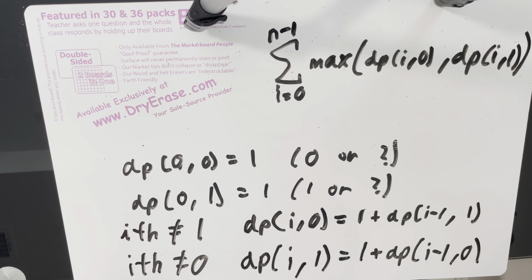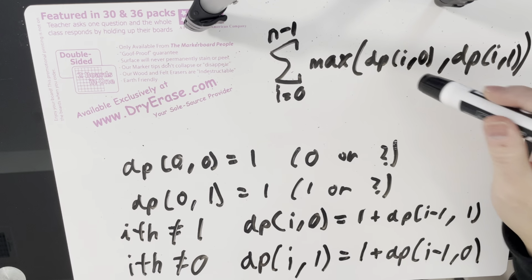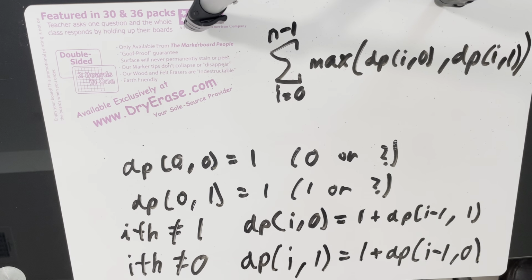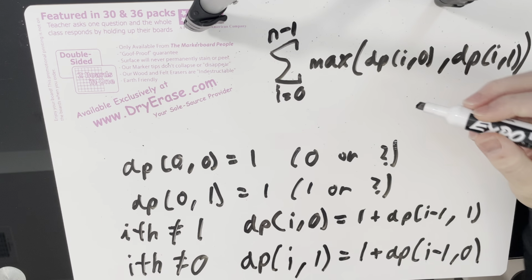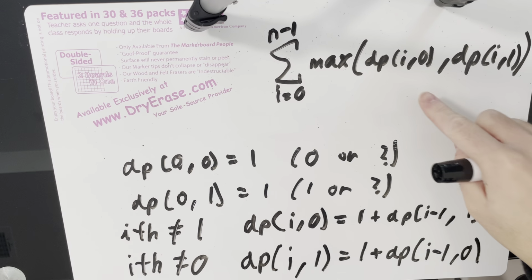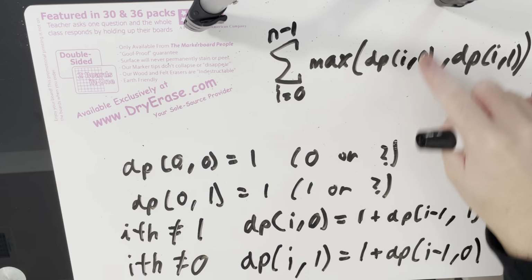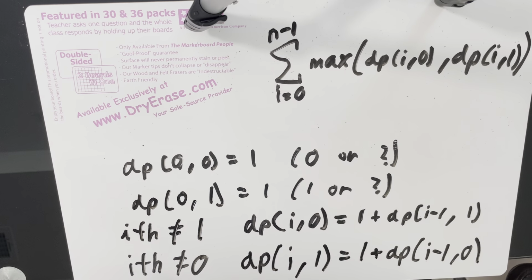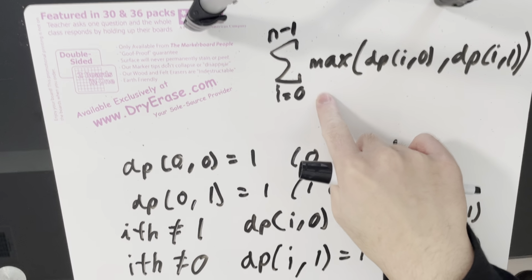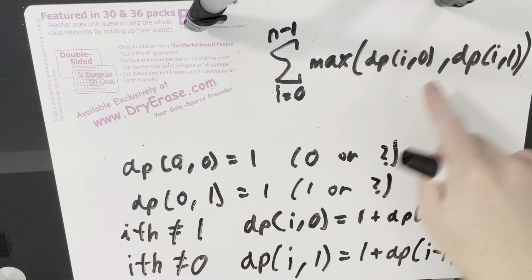So we first iterate over this I, which is essentially the right boundary. Then for this ith position, we want to consider which choice of the ith character will maximize our leftmost boundary. That's why we take a maximum of these two, and we sum them over all I.